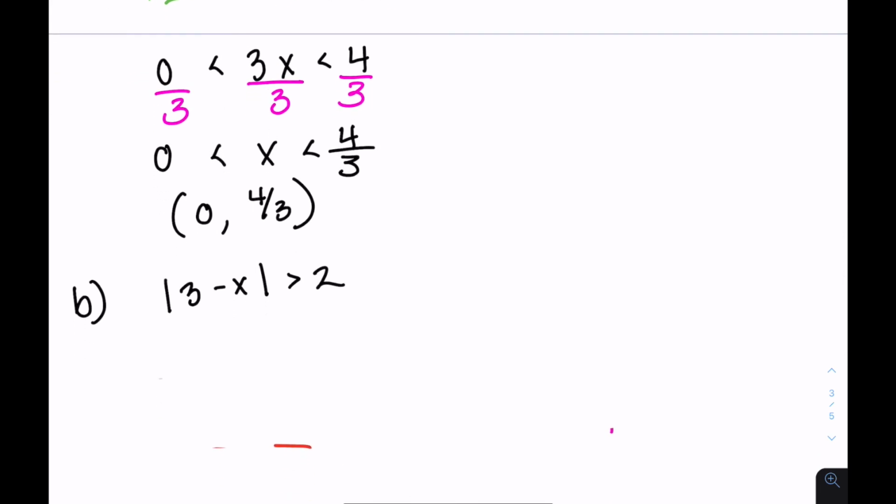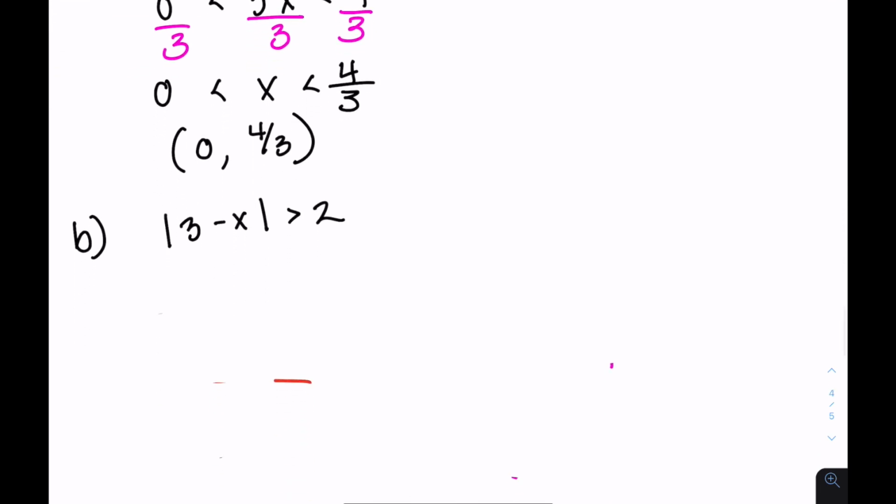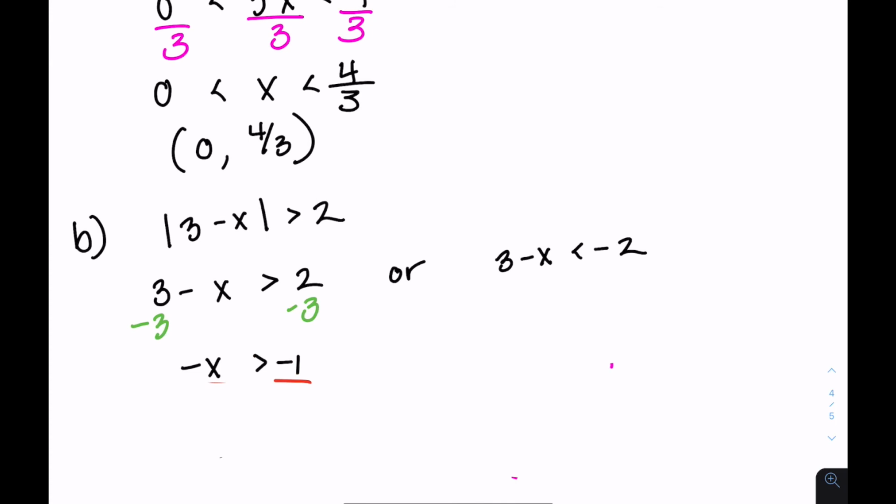In this next example, we have the absolute value of 3 minus x being greater than 2. So that's 2 possibilities. The inside is greater than 2, or the inside is less than negative 2. So think of it, you negate the value on the other side, which means you flip the sign. So we solve each of these to get negative x is greater than negative 1.